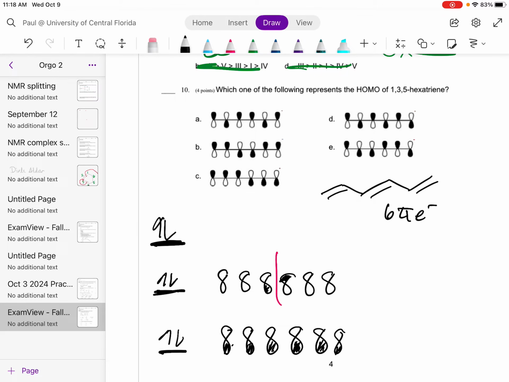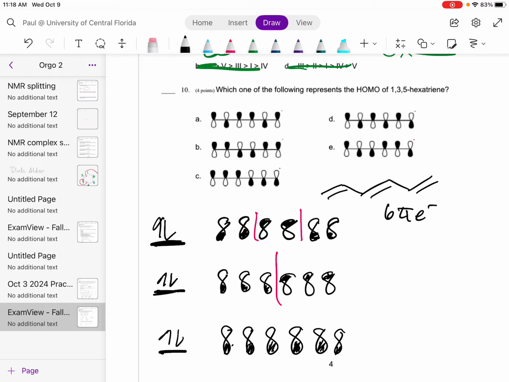There's a node, and then they stay, goes like that. Okay. And then the next one, we're going to need to include 2 nodes. And when we include those 2 nodes, it's going to be right here, right there, and there. So that means this guy and this guy's going to be out of phase. And then this guy's going to be out of phase like that.